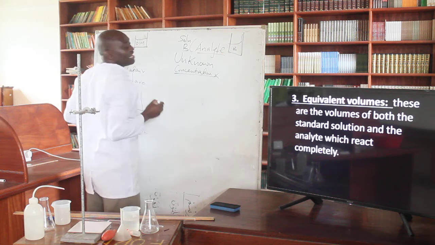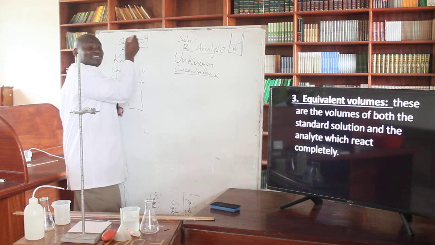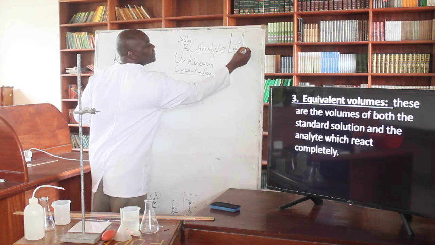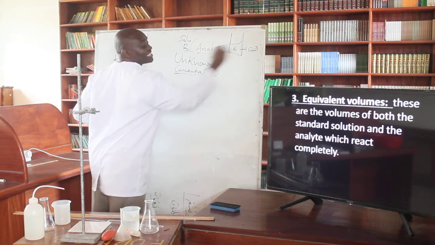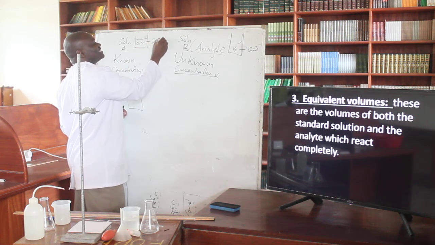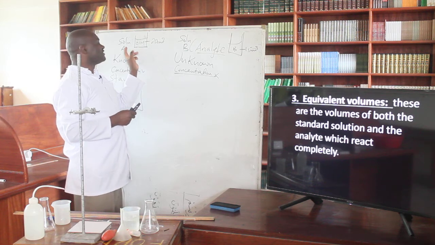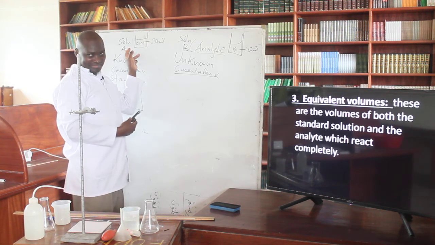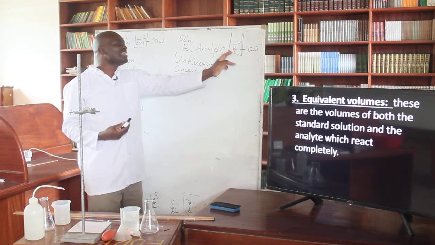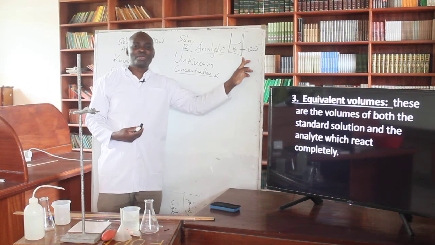So let us say 20 centimeters cubed of 0.1 molar of A can completely react with 15 centimeters cubed of B. Then the equivalent volumes are 20 cm³ of A and 15 cm³ of B.